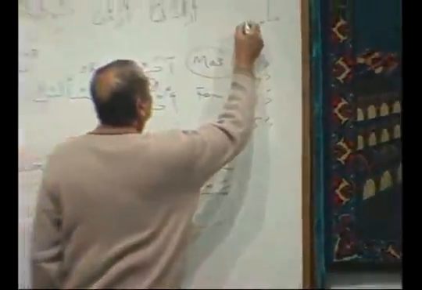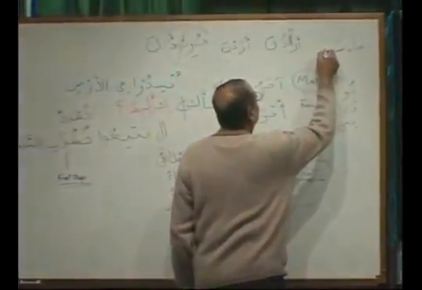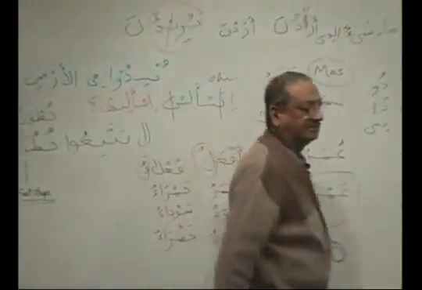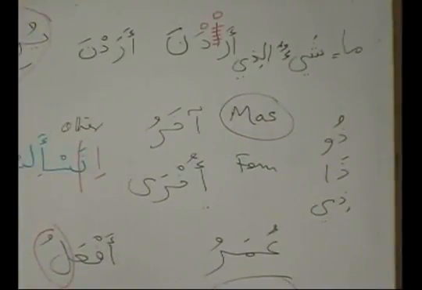Ma means shay'un alladhi. So, brothers and sisters, from now onwards, you are going to understand this. And now I'll give you examples from the Quran also, inshallah. Ma means alladhi. Are you with me, brothers and sisters?